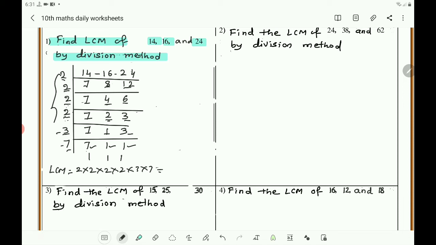The product is here: 2 twos are 4, 4 twos are 8, 8 twos are 16, 16 threes are 48, 48 into 7. 8 sevens are 56, 7 fours are 28, 28 plus 5 is 33... so the LCM of 14, 16, 24 is 336.